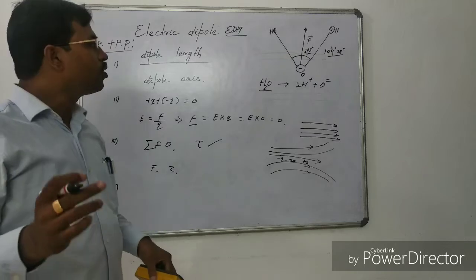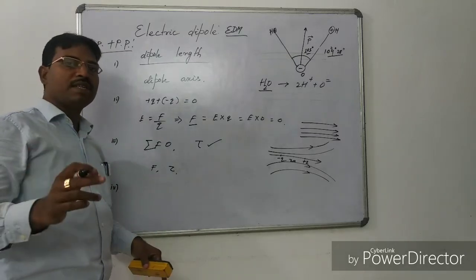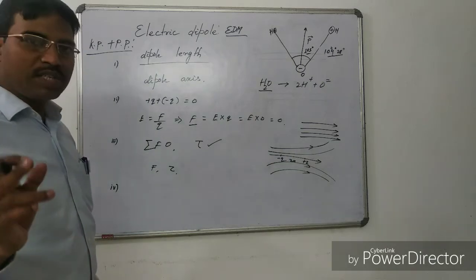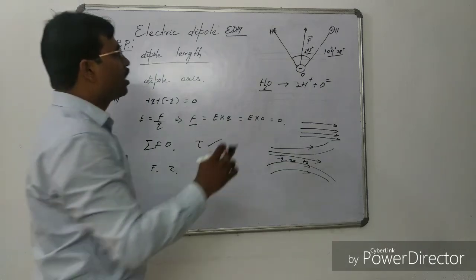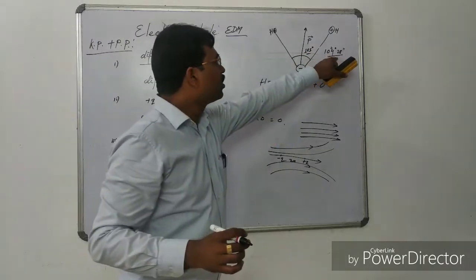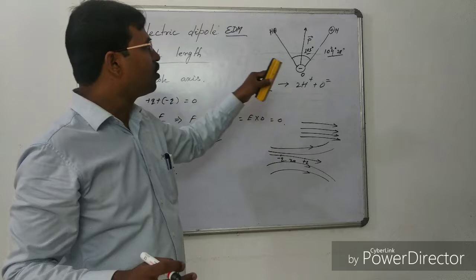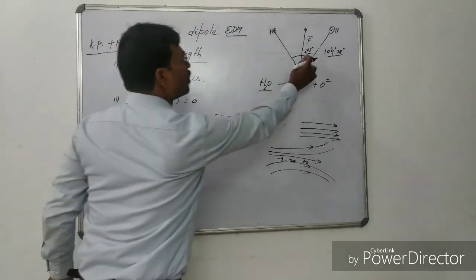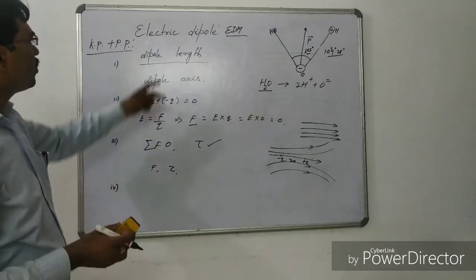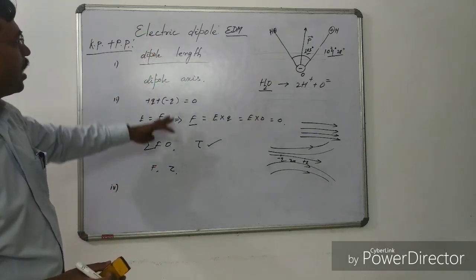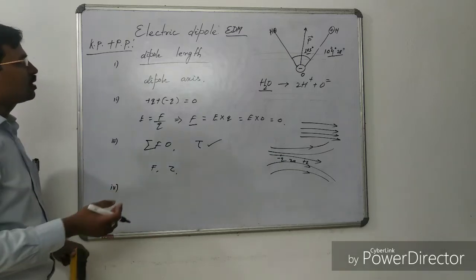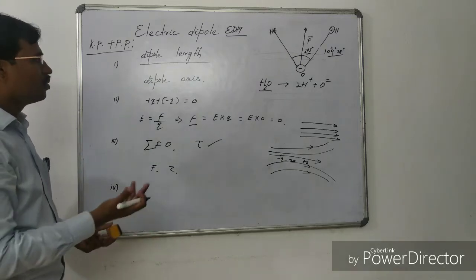Due to lone pair bond pair repulsive interaction, it happens. For your better understanding, you can consult your chemistry teacher. Actually, angle is 109 degree 28 minutes. But what I told, due to lone pair bond pair repulsive interaction, this one is 105 degree. This is about electric dipole and electric dipole moment. And after that, if you follow the notes, you will better understand.